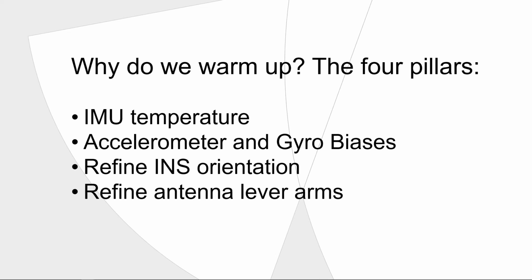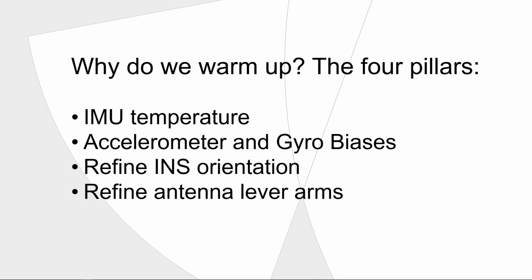And then the final two are refining INS orientation and antenna lever arms. When we configure our INS in NAVconfig, we give you a range of values between which we ask you to measure these, and an accuracy to measure these within. So how can we refine that and reduce the time the Kalman filter takes to come to a solution?